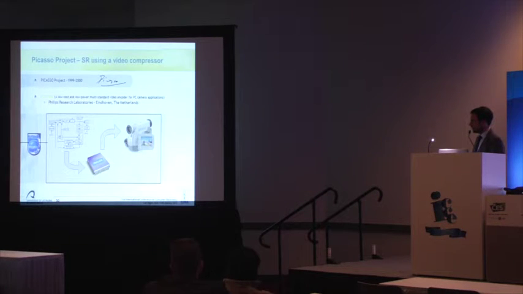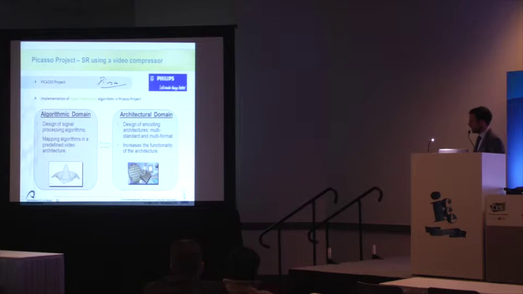This is based on a video compressor with a double view: trying to design processing algorithms and include these algorithms in a video architecture that was previously designed, and at the same time, in the architectural domain, trying to design encoding architectures to increase the functions of the whole architecture. So it's a double view, and each part has feedback from the other one.